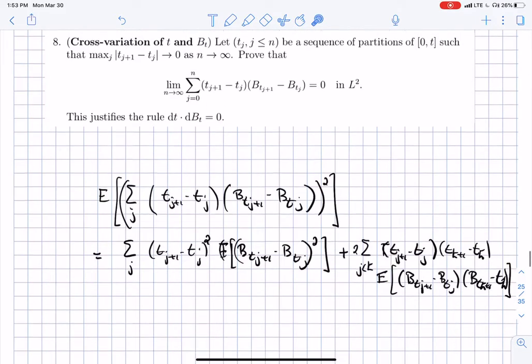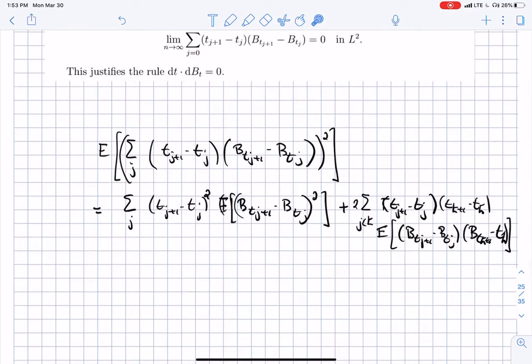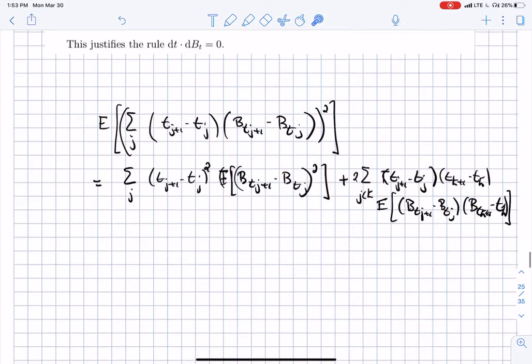So why is that? Well, this convergence is in L2, so that means that the expectation of the square of that should go to 0. So let's just do it. The square of a sum, again, is a double sum. You have the sum where j is equal to k, and the sum where j is not equal to k, say j is smaller than k, and you do it twice.